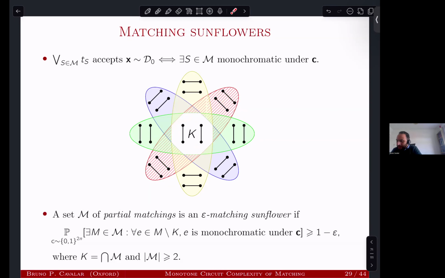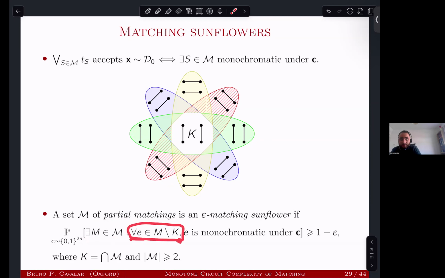And we can define the set of partial matchings to have precisely this property. Say a set of partial matchings is an epsilon matching sunflower if and only if there exists a matching in the family such that for every edge in the matching outside of the core, the edge is monochromatic under the coloring. Are we okay with this definition?